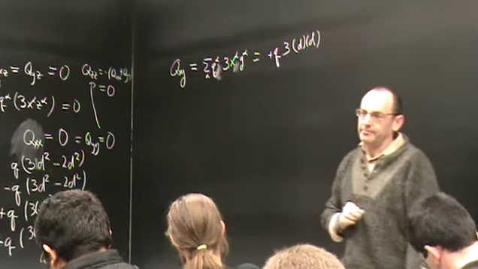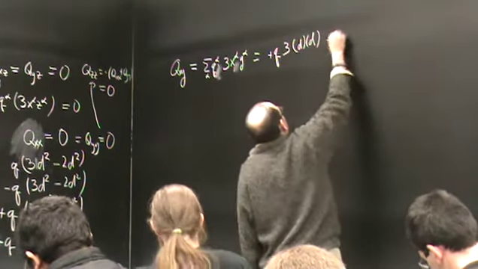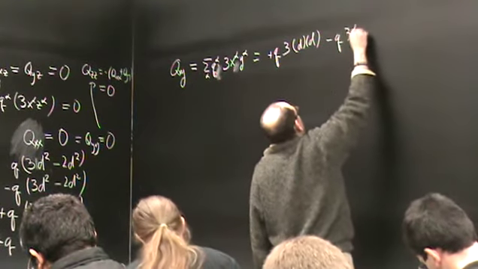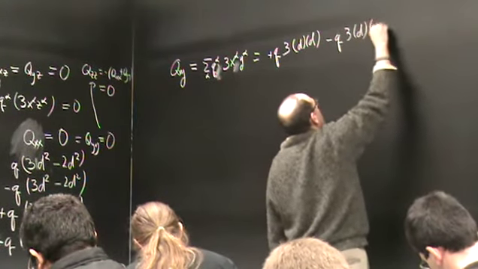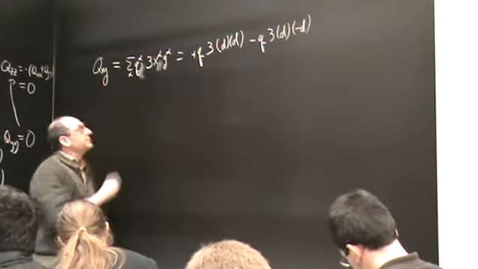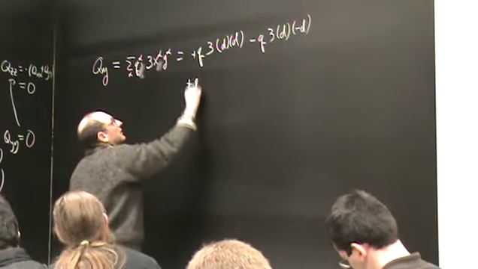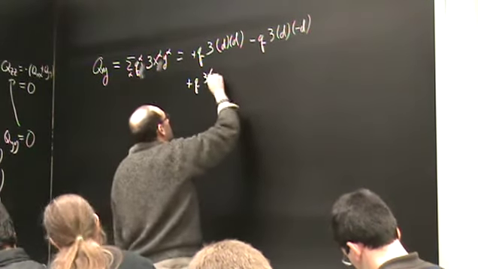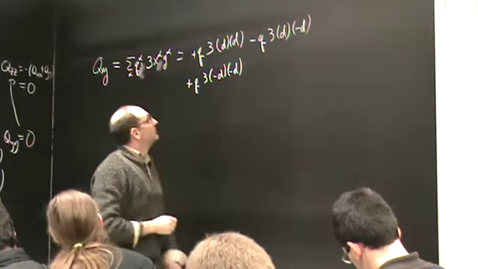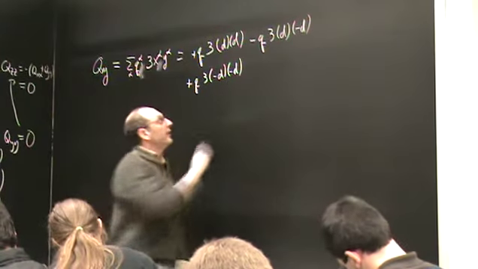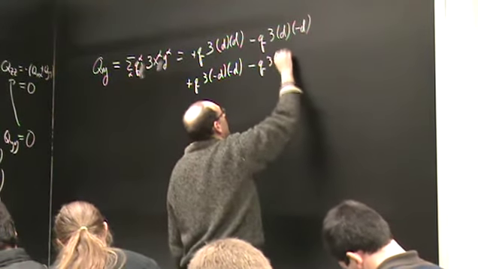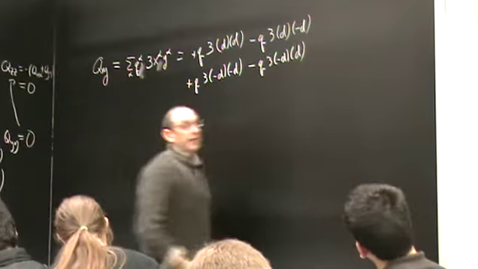The next charge is minus q. Its x coordinate is d. Its y coordinate is minus d. The next charge is plus q. Its x-coordinate is minus d, its y-coordinate is minus d, and then finally we have a negative q, its x-component is minus d, its y-component is plus d.